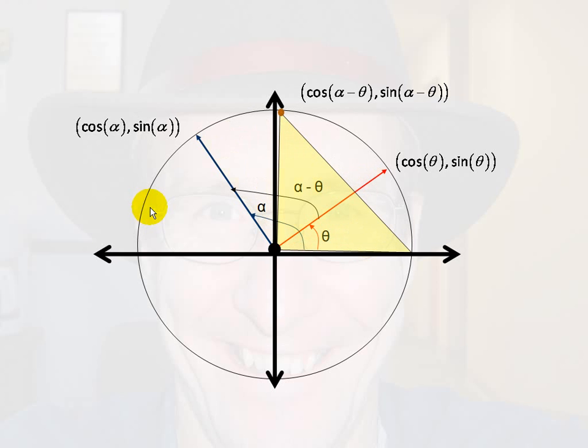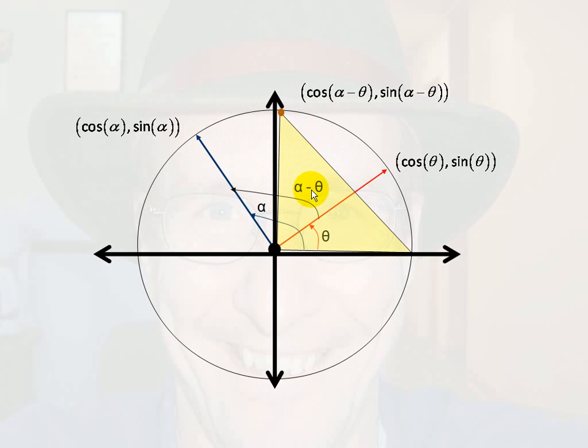Now, the point cosine alpha, sine alpha has been translated, and now we have this new point that's cosine of alpha minus theta, sine of alpha minus theta. Now the reason for that is because really this line right here is the terminal side of the angle alpha minus theta. Notice all we did was we rotated this triangle around.